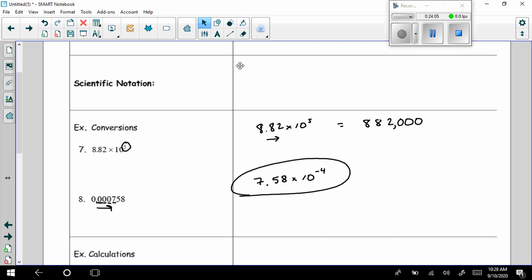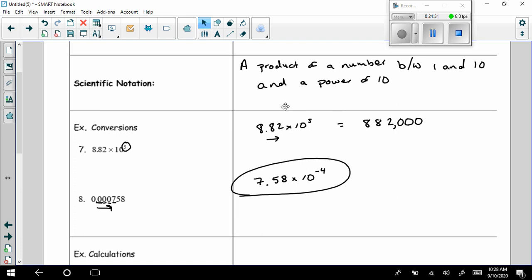So remember, scientific notation is a product of a number between 1 and 10 and a power of 10. And by power of 10, I just mean 10 to the whatever.